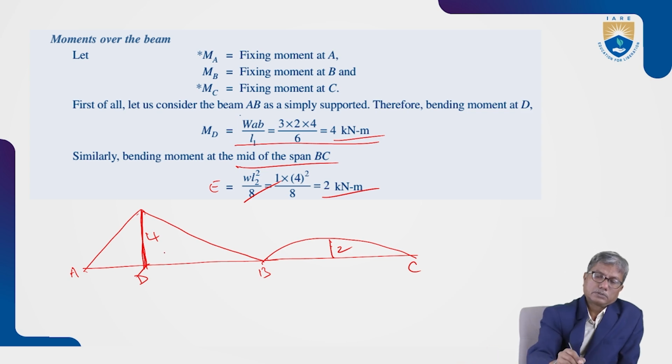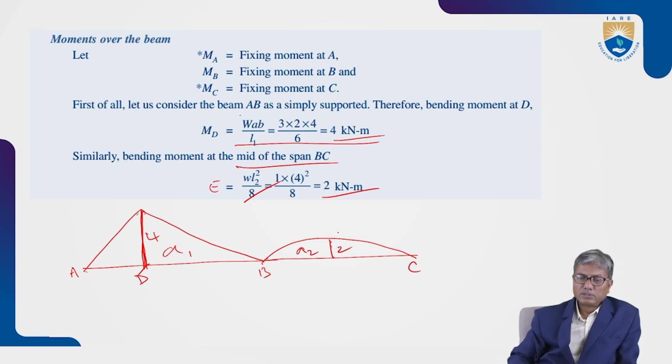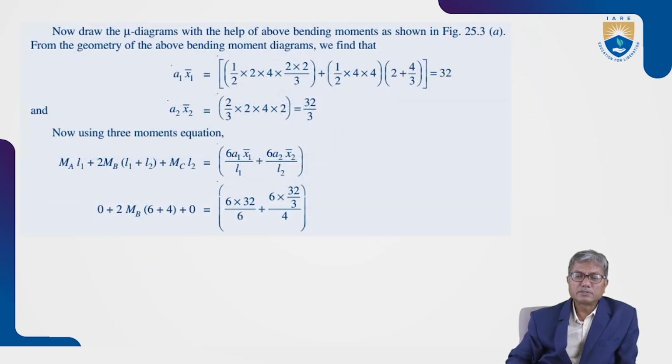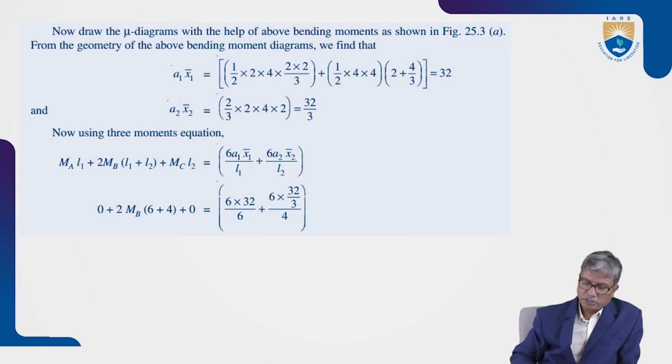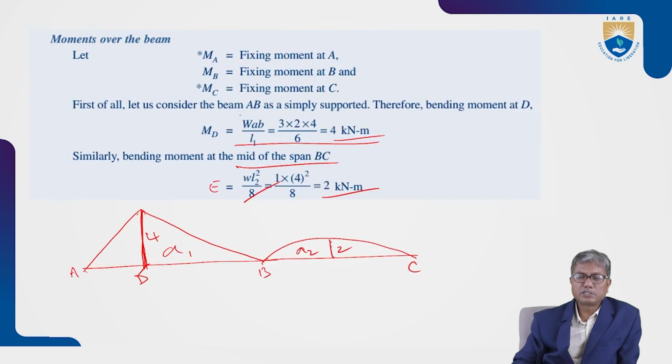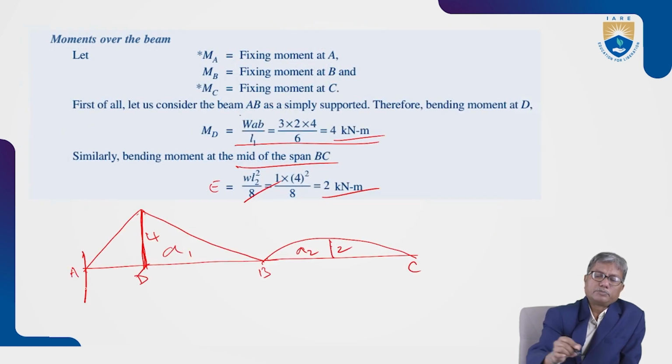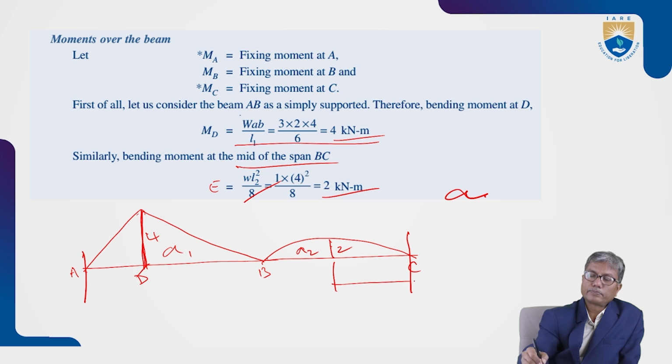Now, the area of this diagram A1 and the area of this diagram A2. We will find these areas also, area multiplied by centroidal distance, from A for this one, and for the other the centroidal distance is measured from C. This is x1 bar and this is x2 bar.